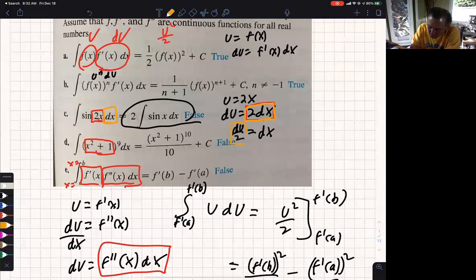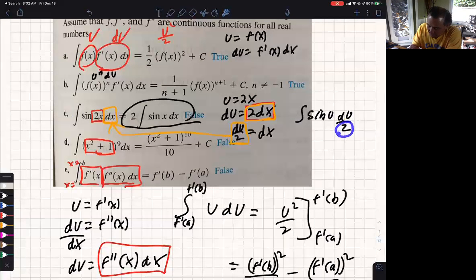I'm going to take this du over 2 and plug it in for dx. Okay, that's my substitution because I want the dx to turn into a du, so I can substitute that in. What will I get? The 2x becomes a u, so I get sine u, and the dx becomes du over 2.